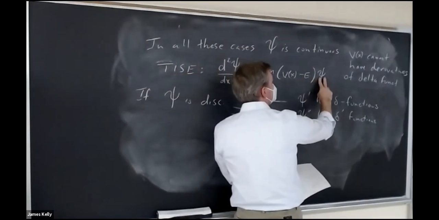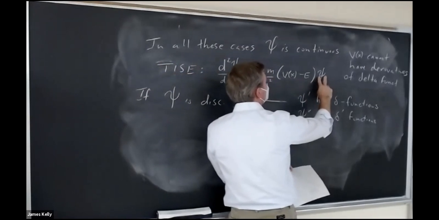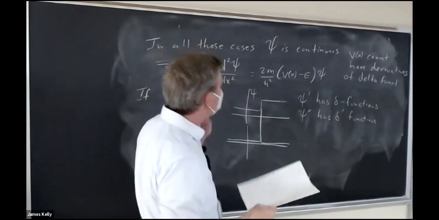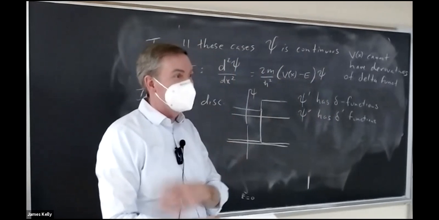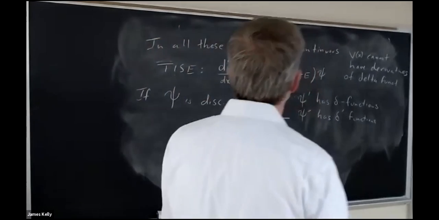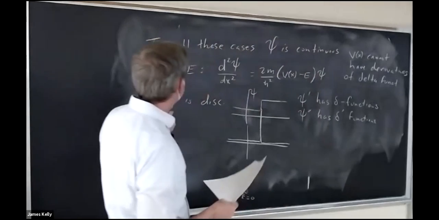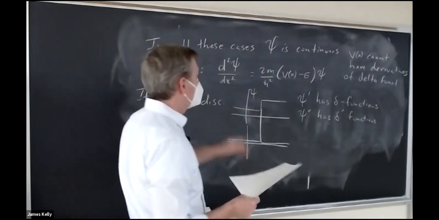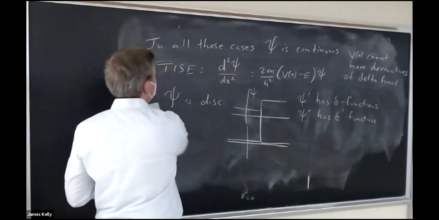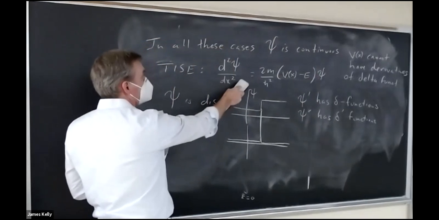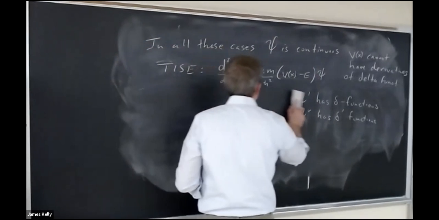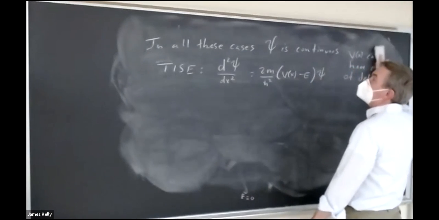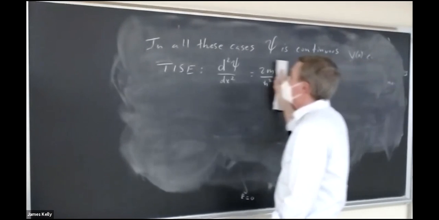But we're assuming v of x doesn't have a derivative of a delta function, and therefore psi can't have any discontinuities. So our starting assumption, which comes from looking at the time independent Schrodinger equation, is that psi is continuous.